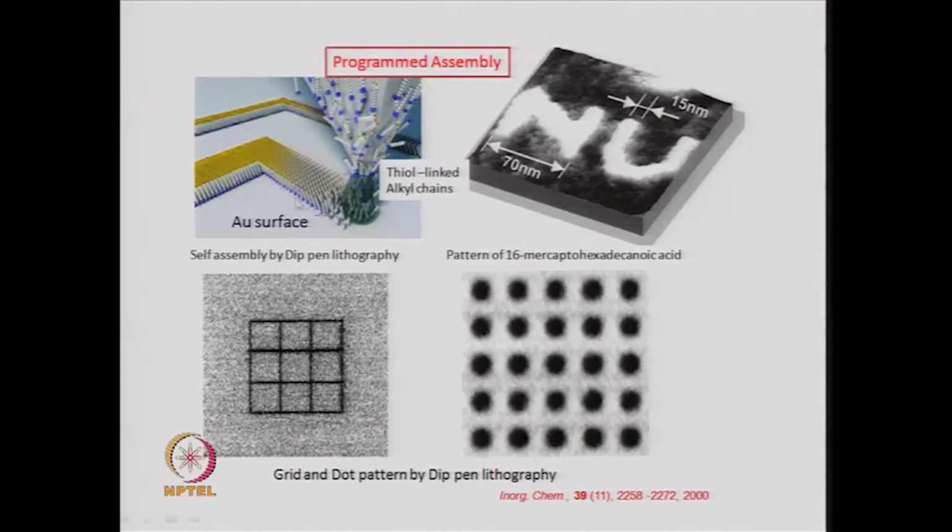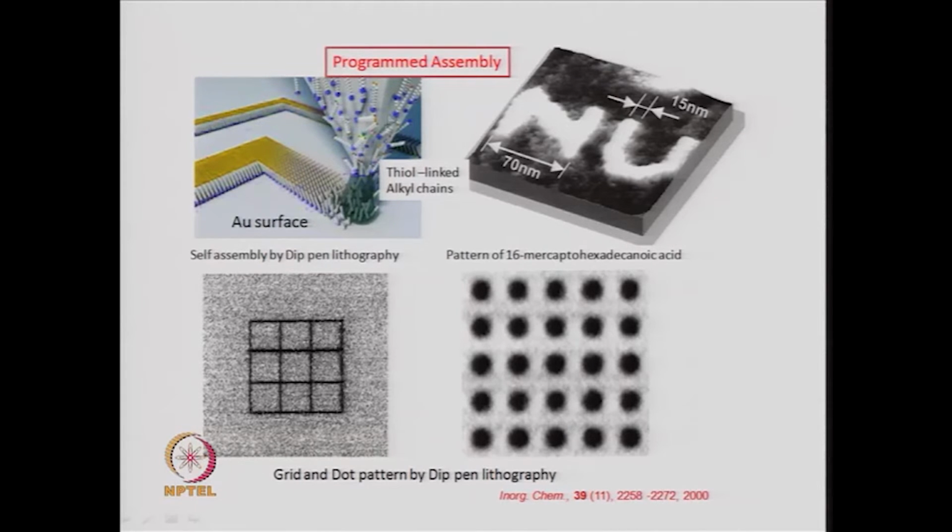Now, if I move my capillary or my pen, this is called dip pen lithography. You can do it using a kind of tip which is called an AFM tip, which moves in a particular fashion. Wherever it moves, it brings these molecules into assembly with the gold surface.